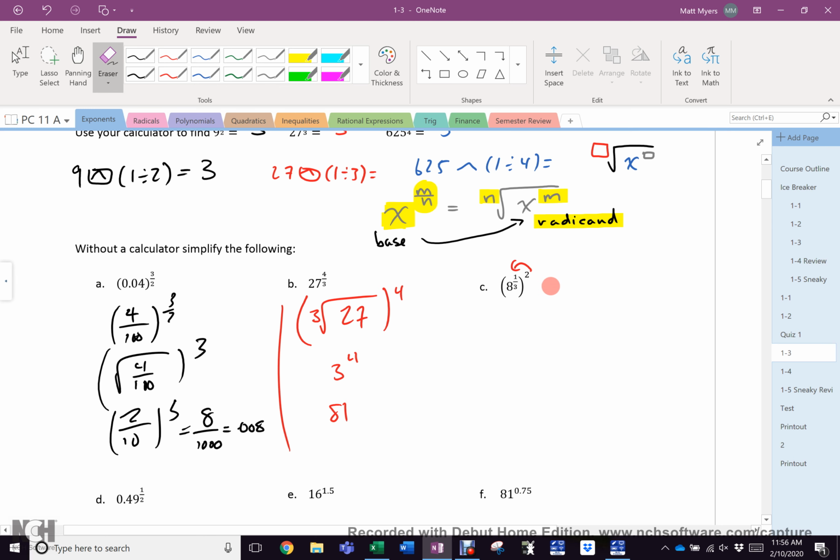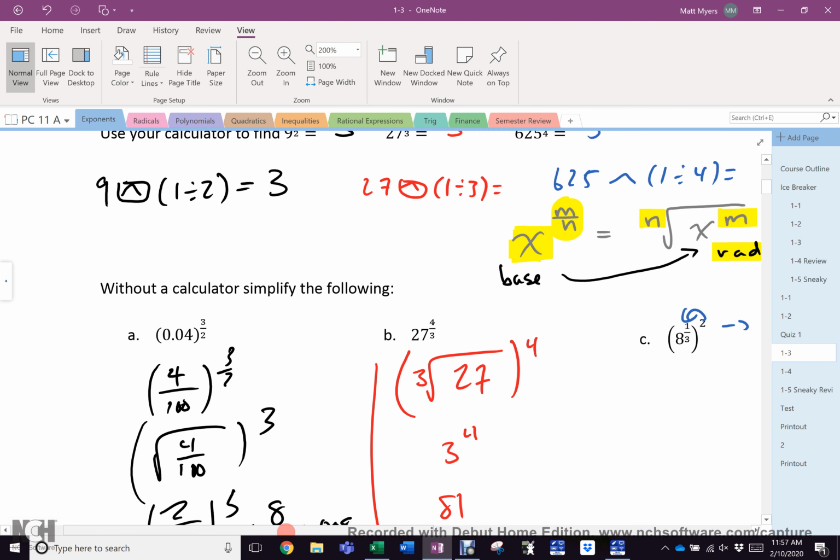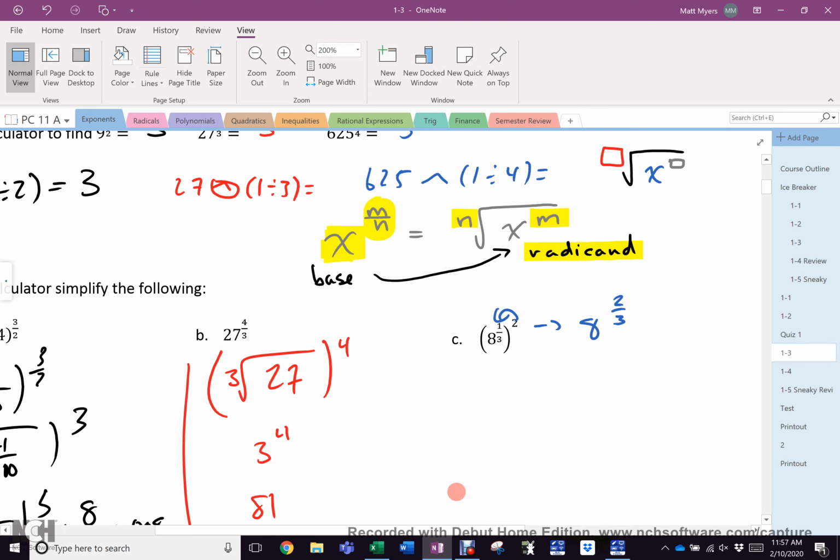Yes, I'm going to change color there because I'm going to do two different tracks here. You could go 8 to the 2/3 because you know your exponent laws and you multiply those, yes? Even though they're fractions, an exponent law is an exponent law, right? You got to follow the rules. So everybody cool here?